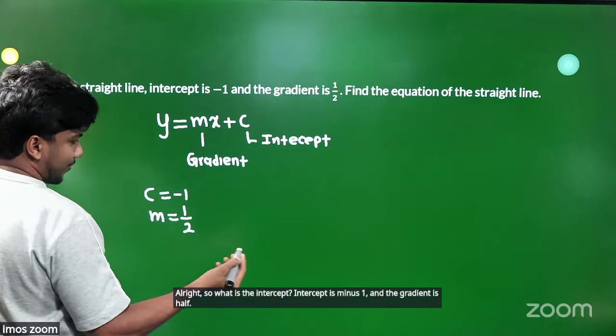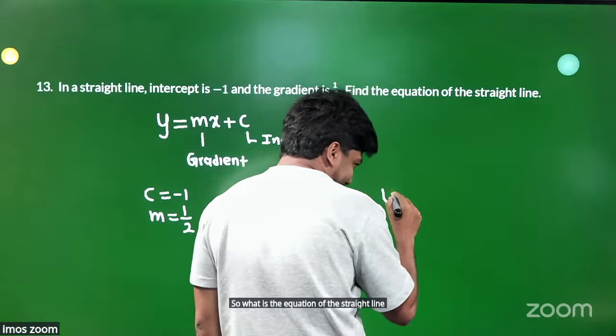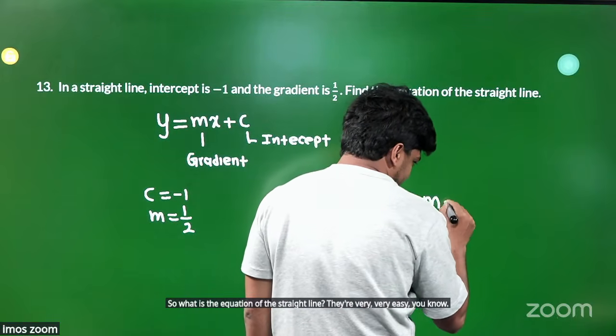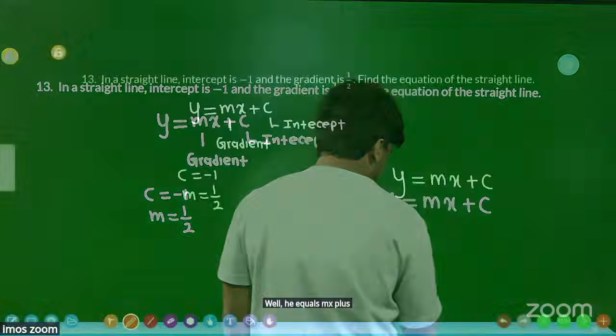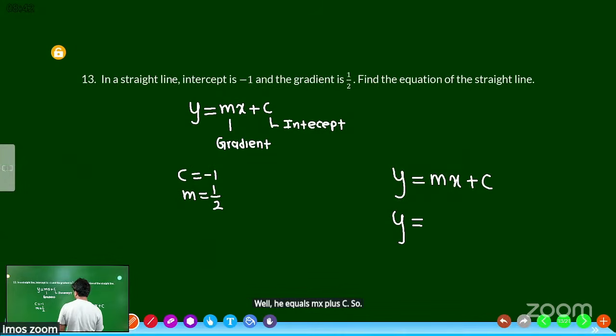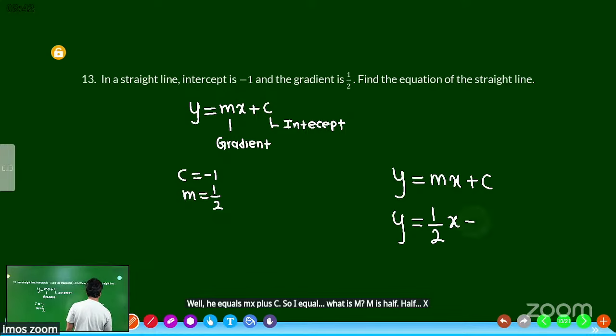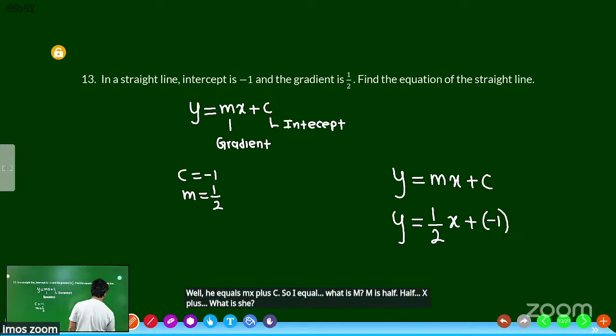So what is the equation of the straight line? They're very, very easy, no? y = mx + c. So y equals, what is m? m is half. Half x plus, what is c? c is -1. Right.